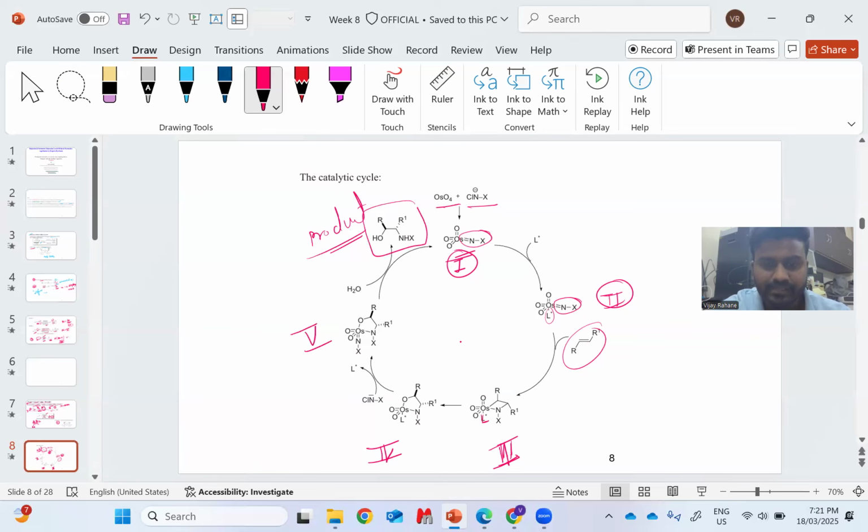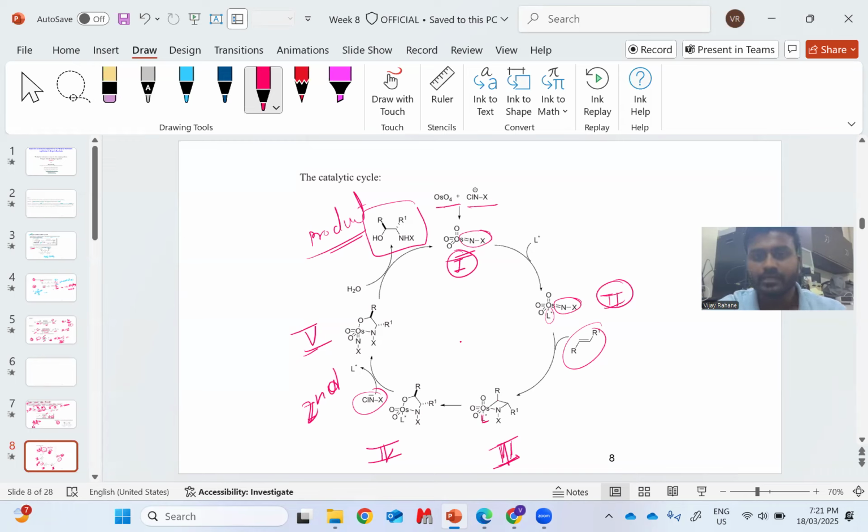This bond shifts from the osmium to the oxygen. It forms the intermediate, and upon the addition of the second equivalent of the nitrogen source, it gives intermediate 5. This intermediate 5 upon hydrolysis gives the hydroxyl amino product, and this osmium complex goes into the second cycle.